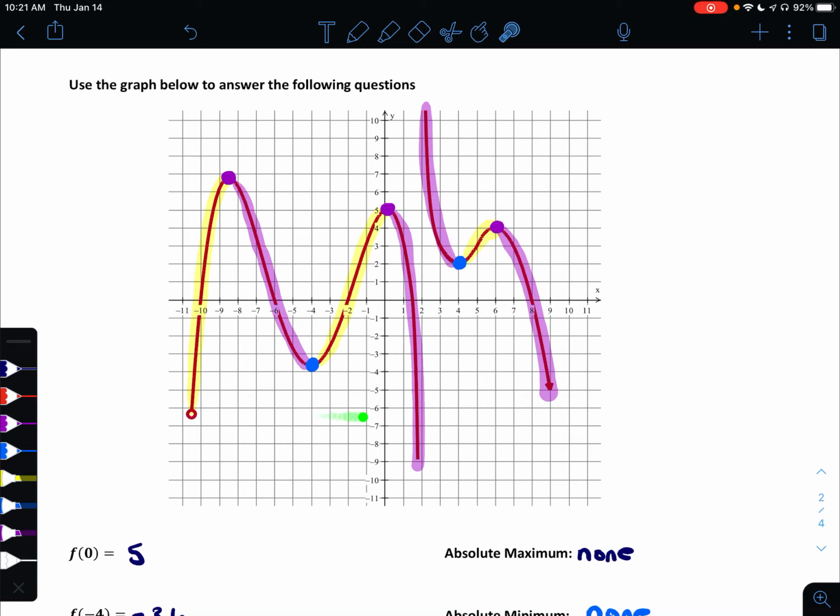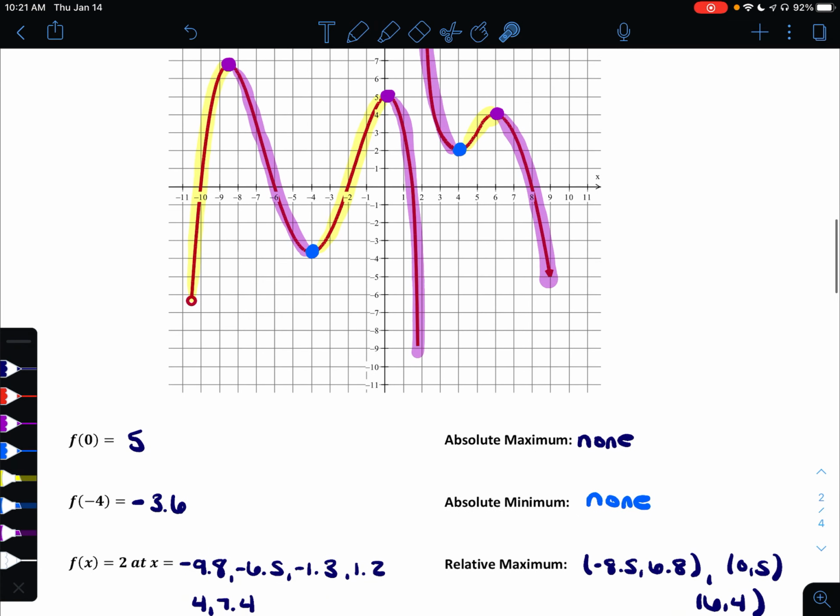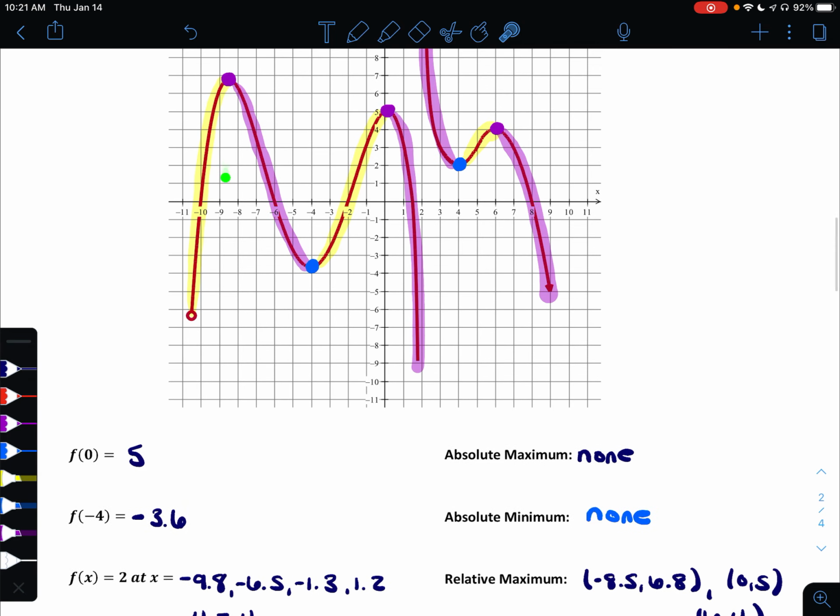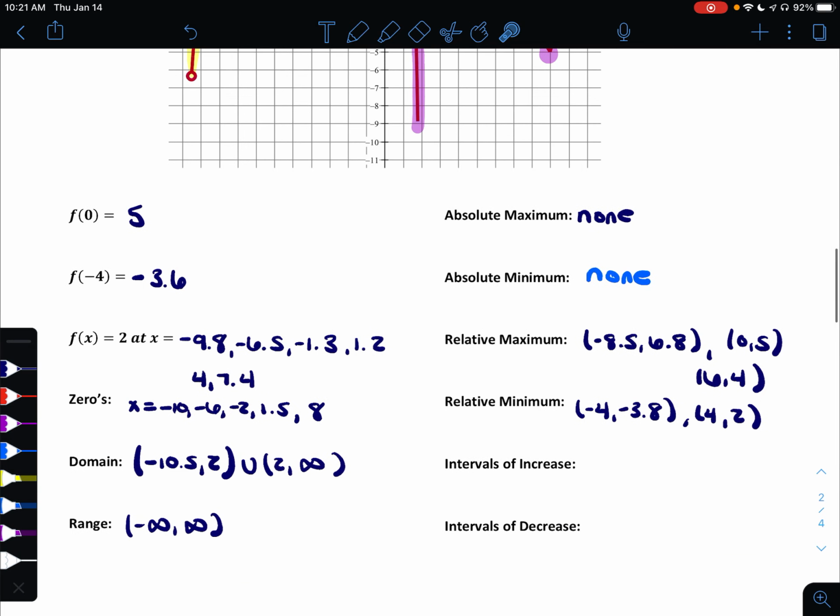Now, when we list out these intervals in interval notation, it's just going to be based off of the x values, okay? So our first interval here, we're increasing from about x equals -10.5 to x equals -8.5. Okay, so -10.5 to negative 8.5. And those are both x values because this is an interval.